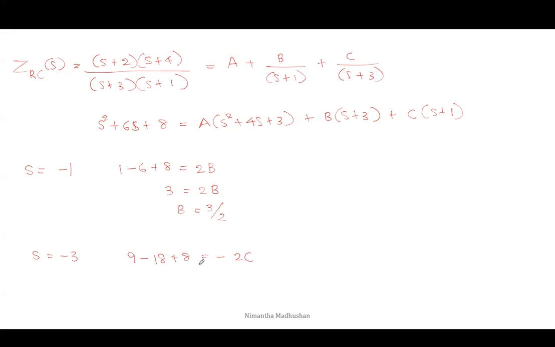Here the value is minus 1, equal to minus 2c. The value of c is equal to 1 over 2.